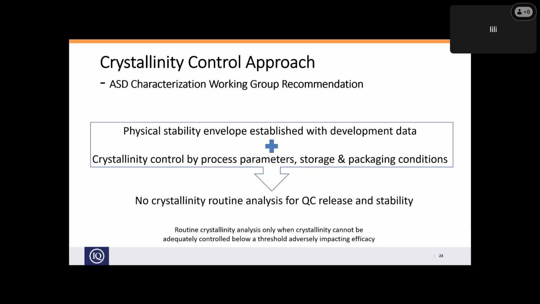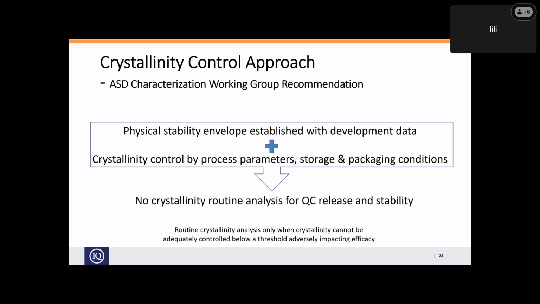So with all these method development challenges and considerations, the ASD crystallinity characterization group recommends the following overall crystallinity control approach. The first part of the data package is to apply all proper analytical tools available in the development space.